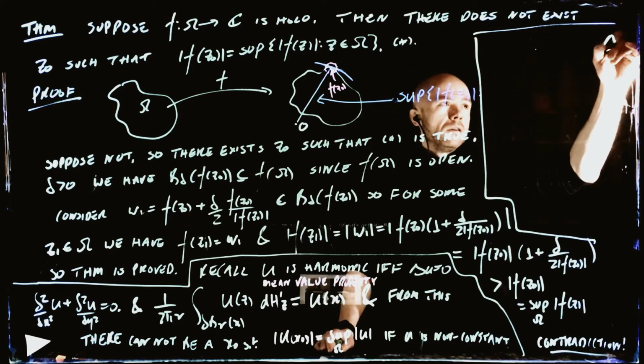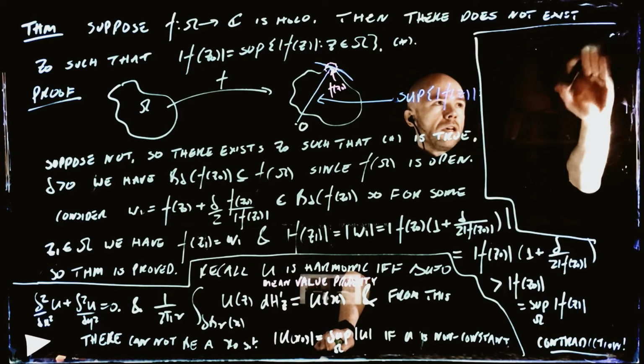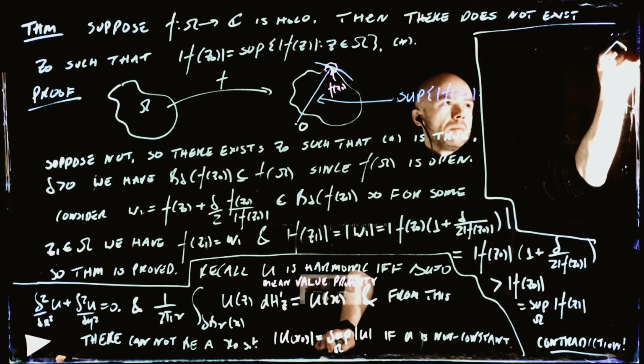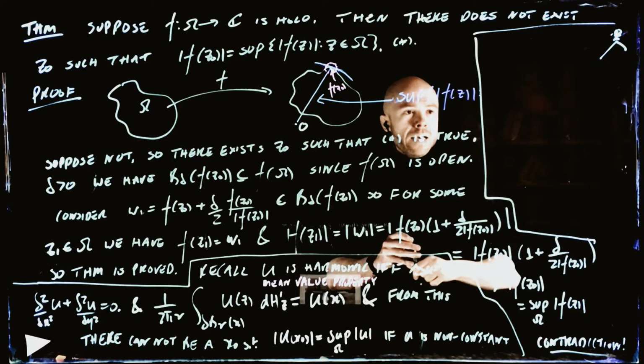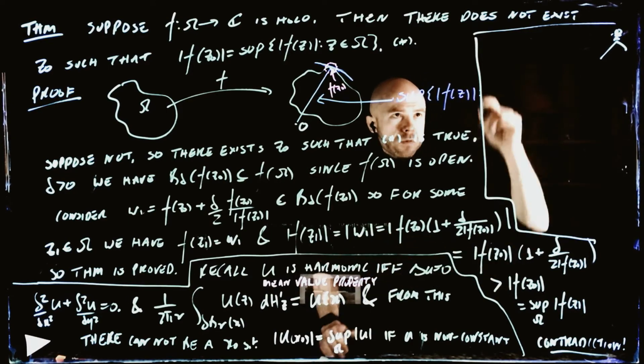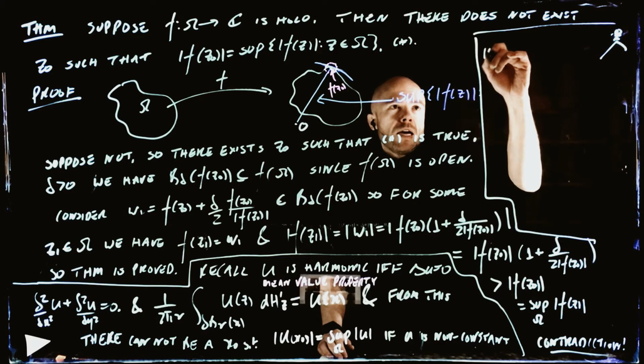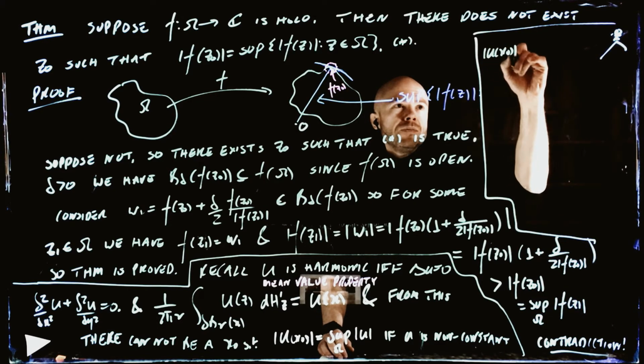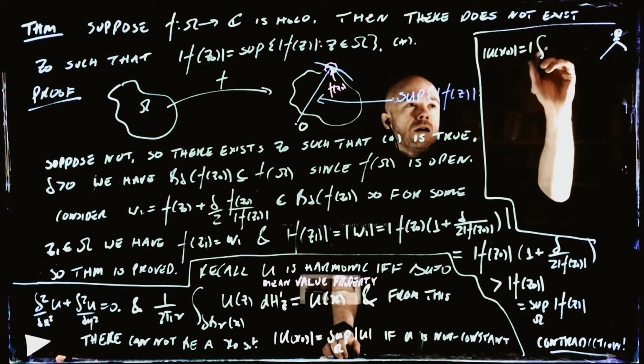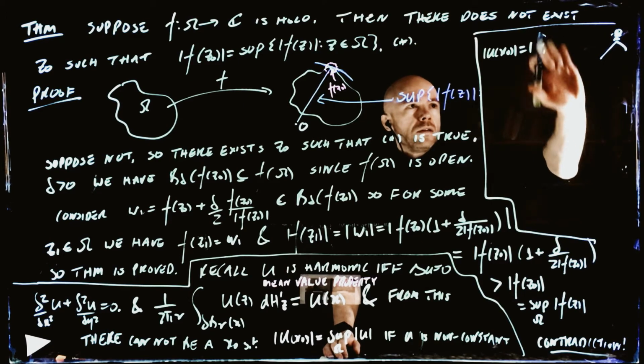Jaime said. So let me draw the mountain again over here on this side. So this is the mountain, this is you standing right here on the top. And what do we do? So we have that the absolute value of u of x0 is the absolute value of the average around the outside.